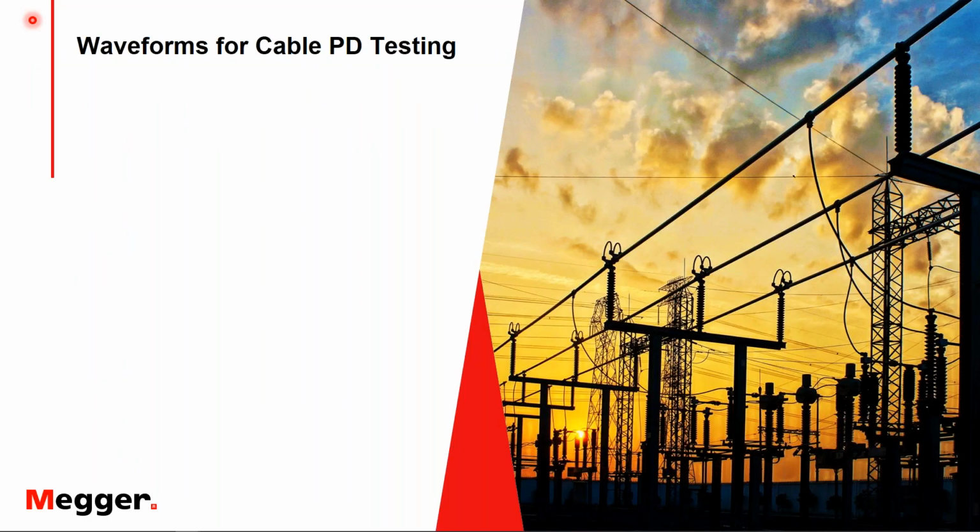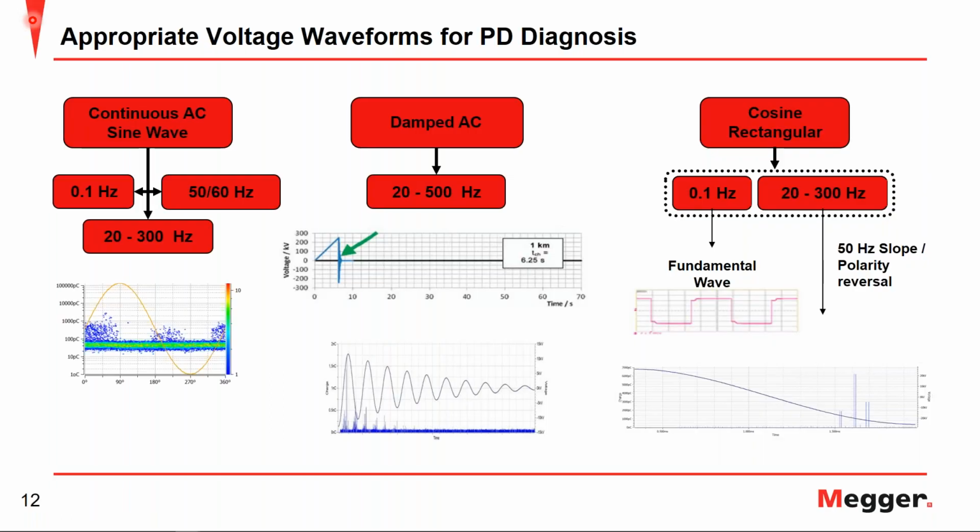So now that we've gone over a brief introduction to partial discharge, I'd like to take a moment to look at the waveforms that can be used for cable partial discharge testing. Here we have three appropriate waveforms that can be used for partial discharge diagnosis. We're probably all familiar with the one on the left, our continuous sine wave.